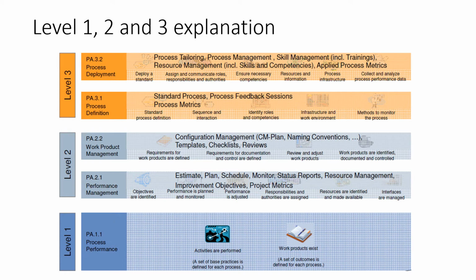In level 3, it comes into process definition, which is at the organizational level, and process deployment at the organizational level. So process definition covers standard processes, process framework, and process metrics. The standard process definition covers sequence and interaction, identifying roles, responsibilities and competencies, infrastructure and work environment, and methods to monitor the process.